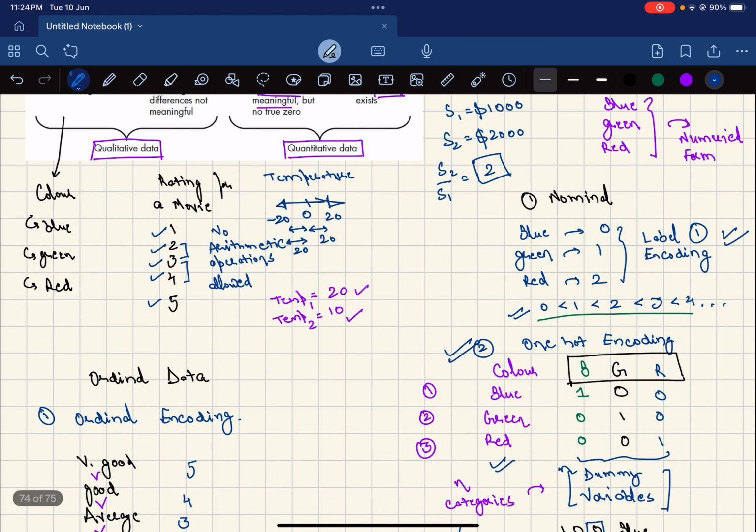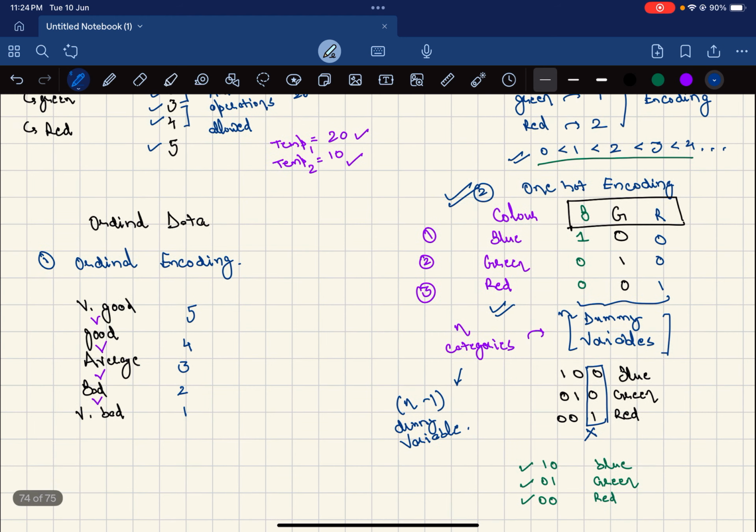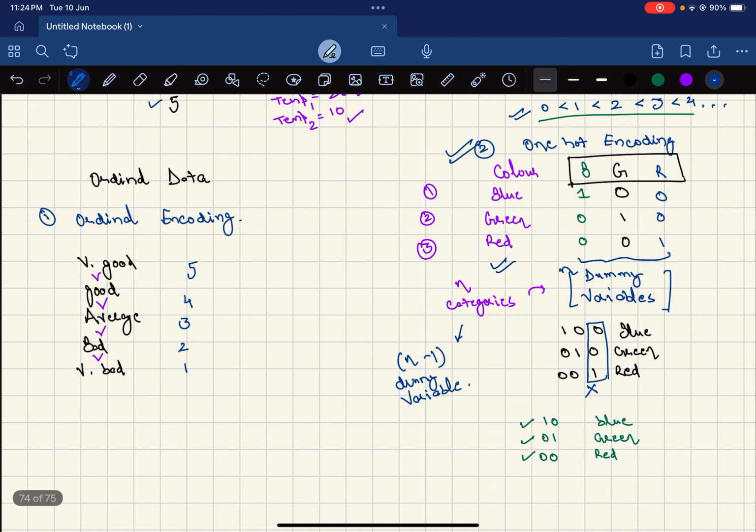We looked at a couple of ways to do so for nominal variables, where we looked at label encoding and one hot encoding. We normally use one hot encoding for nominal variables, where we create a new feature for each value of the variable, color in this case. But we normally create n minus 1 dummy variables instead of n variables, because there's a repetition in one of the columns, and we don't need to add an extra feature.